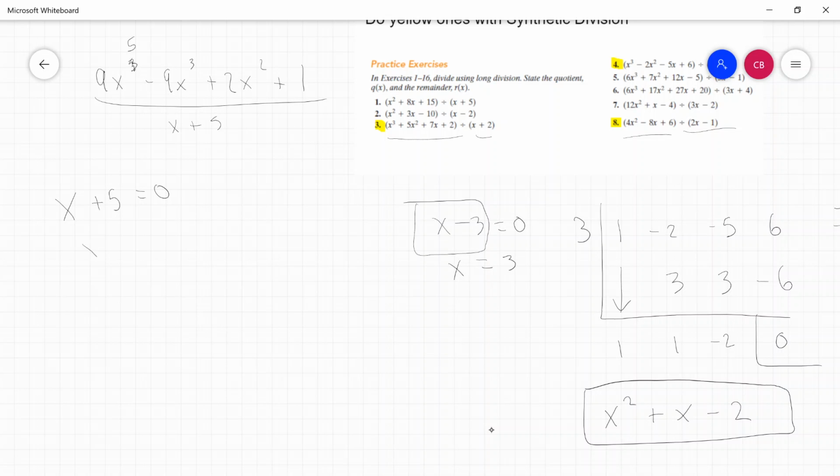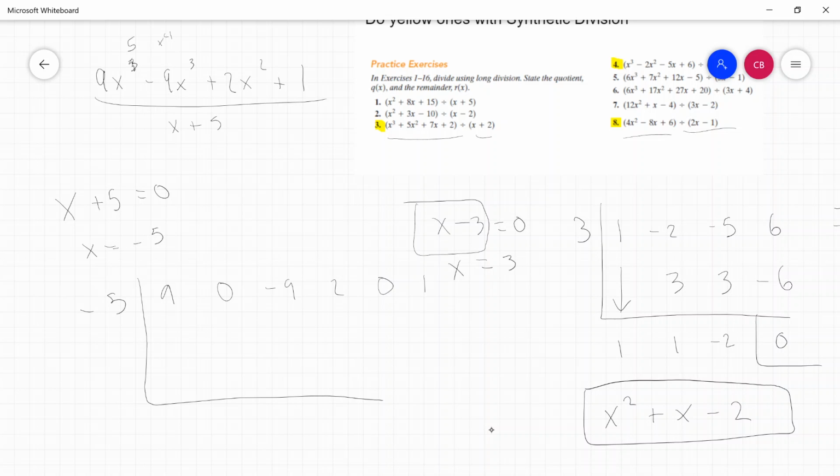So then I have x is negative 5, so we put negative 5 here. And then we have 9. X to the fourth is not here, so we have to put a 0. We have negative 9. X squared is 2. X is not here, so 0, and then 1.